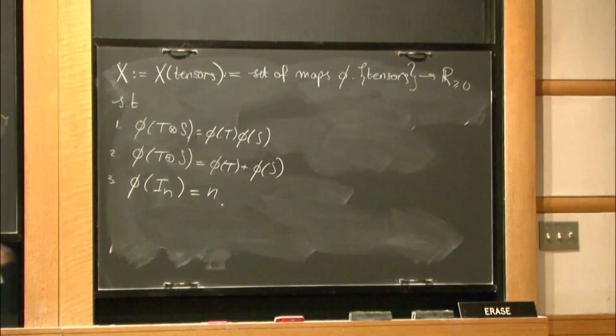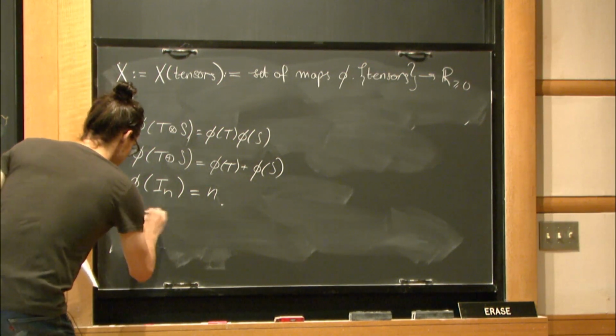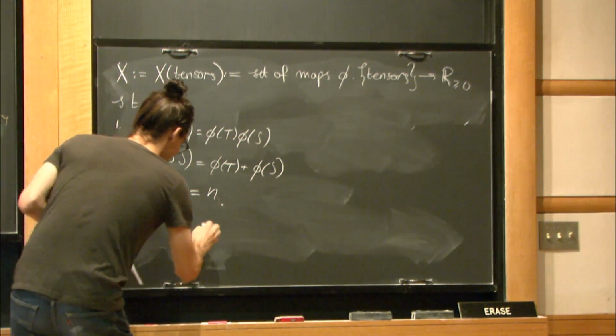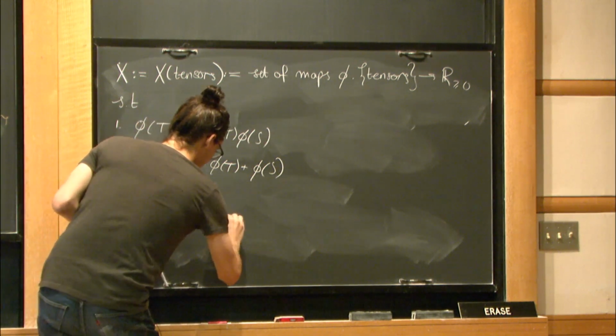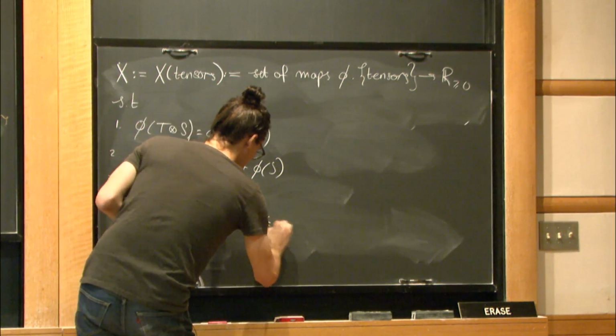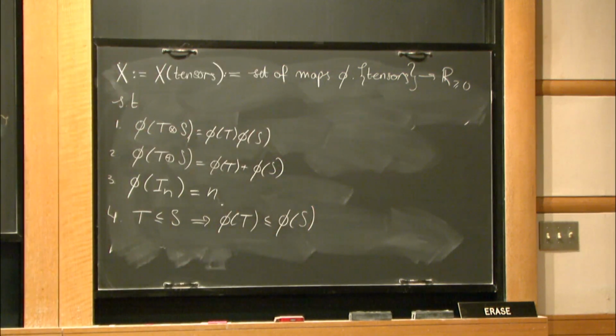And I want phi to be monotone, meaning for any t and S, if t is smaller than S, as we defined before, then I want phi of t to be smaller than phi of S. That defines X.